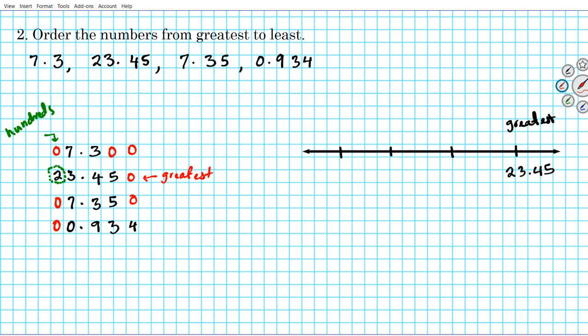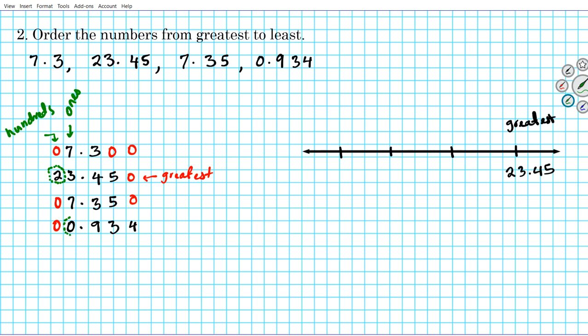So which one is the second greatest? We're going to now move to the ones place, okay, and then compare the other 3 digits. All right, so 7, 7, 0. Oh snap, we have a tie with the 7s, and this is the smallest out of these 3. So what does that tell us? Since these 2 tie and this is smaller than both of them, this is automatically the least.